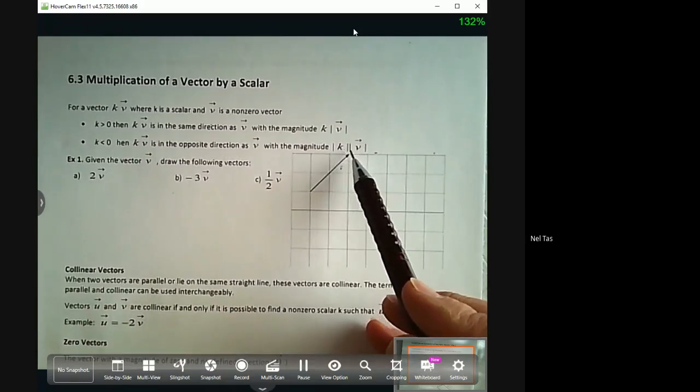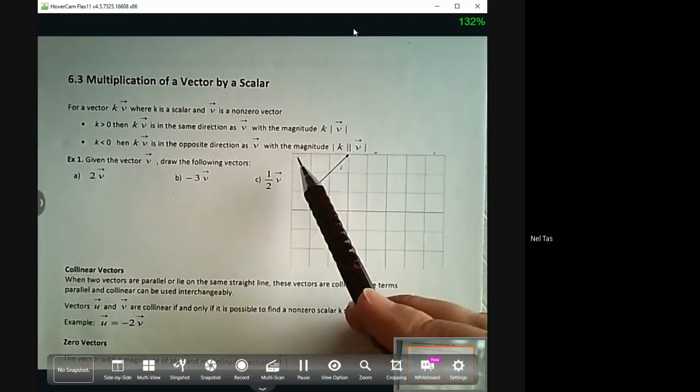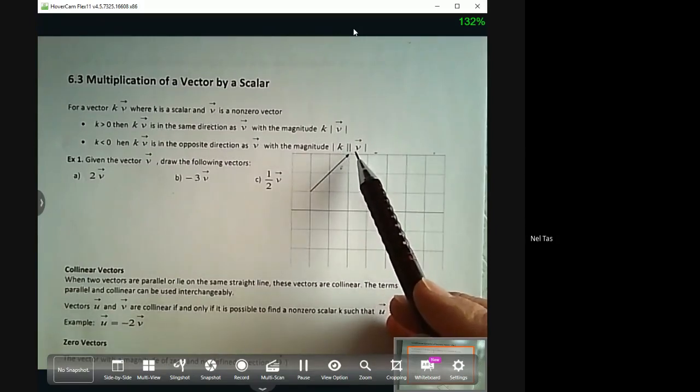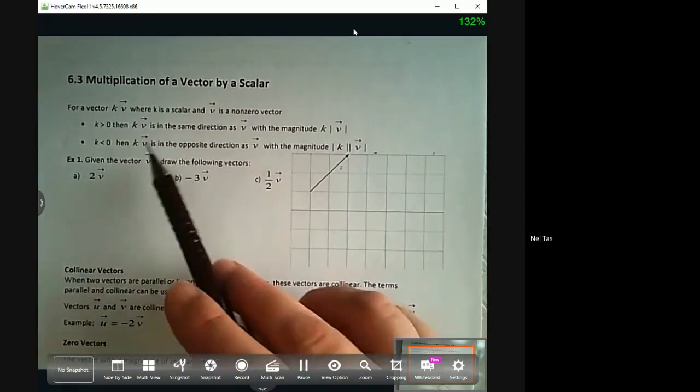So again, if the magnitude of v is 10 and k is negative 4, then the magnitude of negative 4v is going to be 40. The absolute value of negative 4 is 4, and if the magnitude of v is 10, then you get 40 for the magnitude of negative 4v.